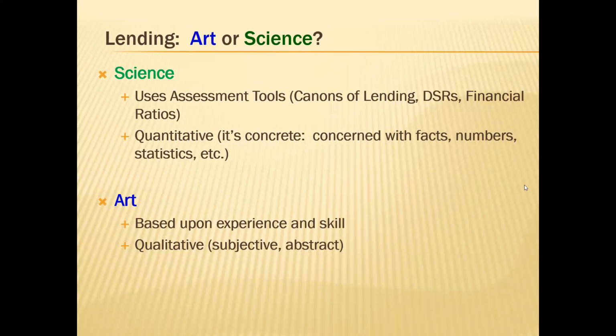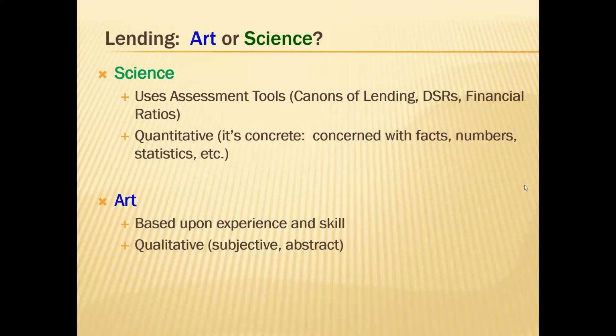And when we discussed art or science, we said that science relates to using assessment tools. Some of us were introduced to the canons of lending for the first time, and some of us became aware that something we were using, CAMPARI, was actually called the canons of lending. Then there are debt service ratios, and there are also financial ratios when you're dealing with businesses.